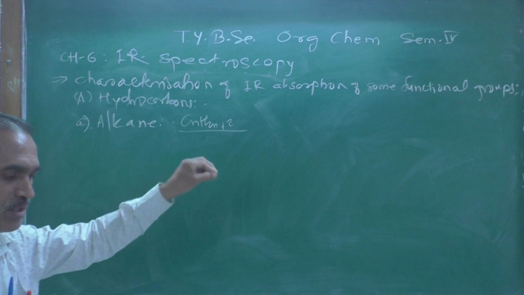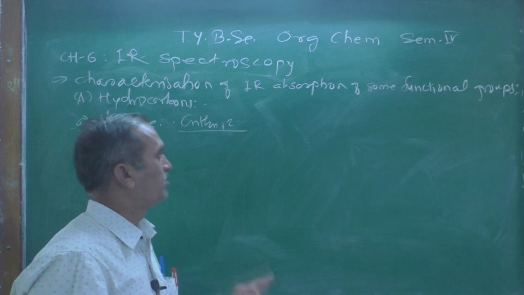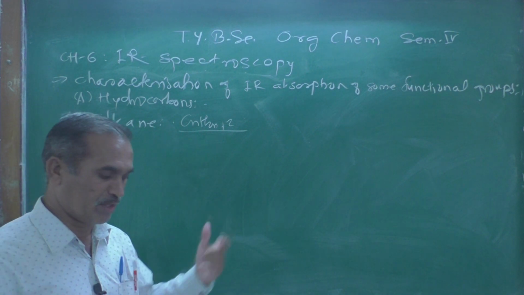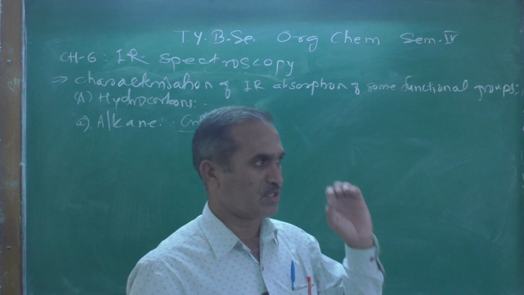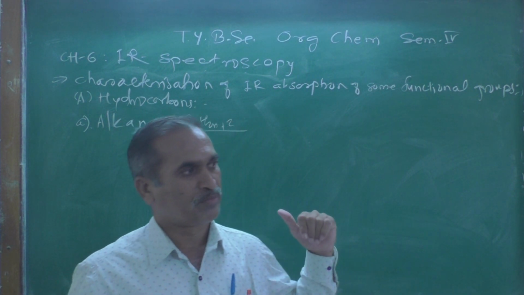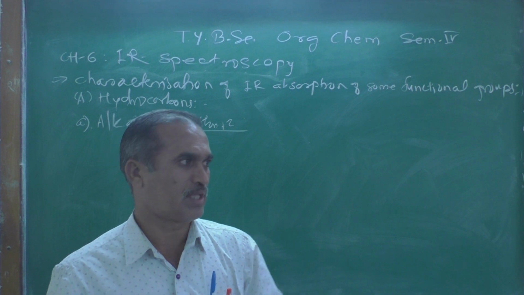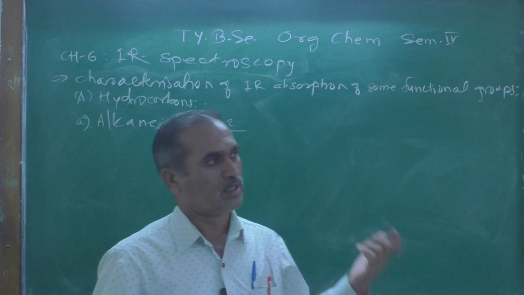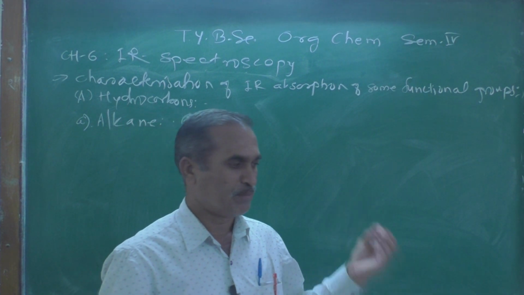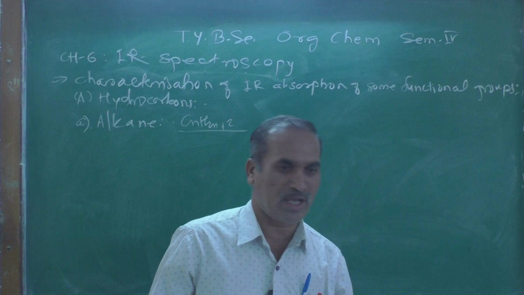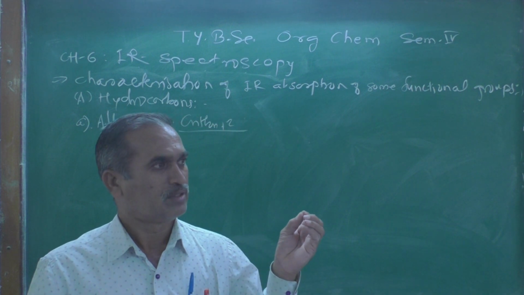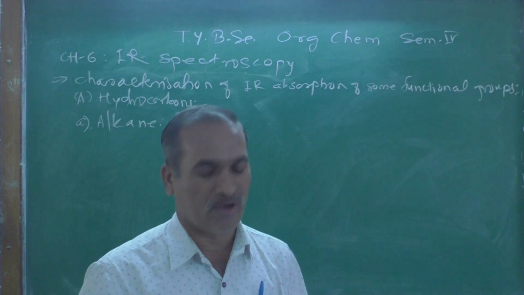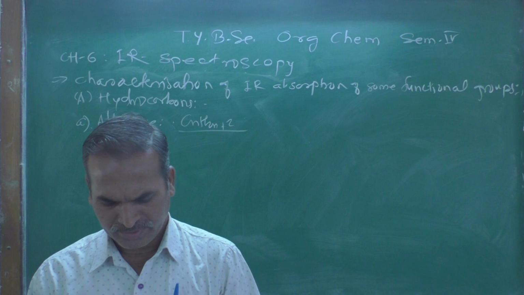If you put the value of 1, you will get the first member of the alkane family, which is the methane molecule. If you put 2, you will get ethane, then propane, butane, pentane, hexane, heptane, octane, nonane, decane. So these are the examples of alkanes.